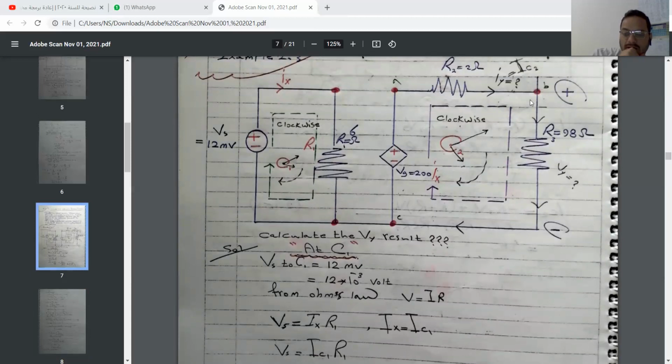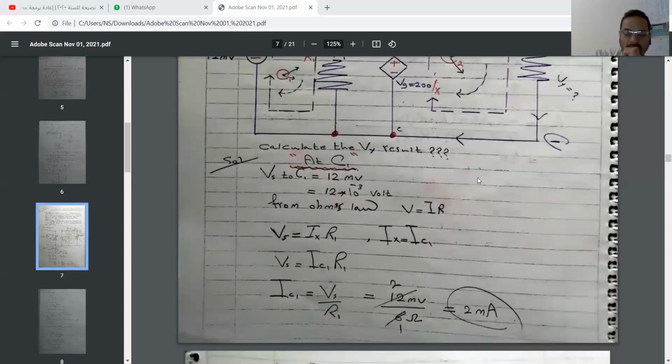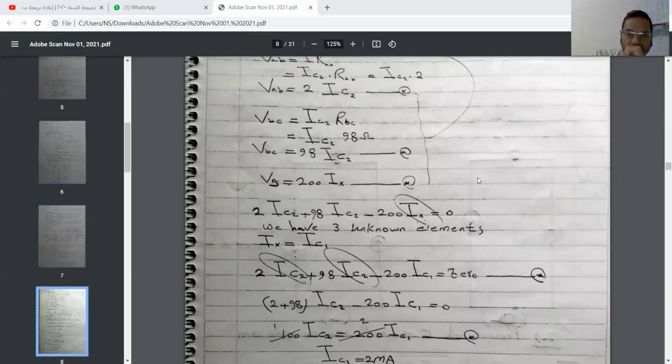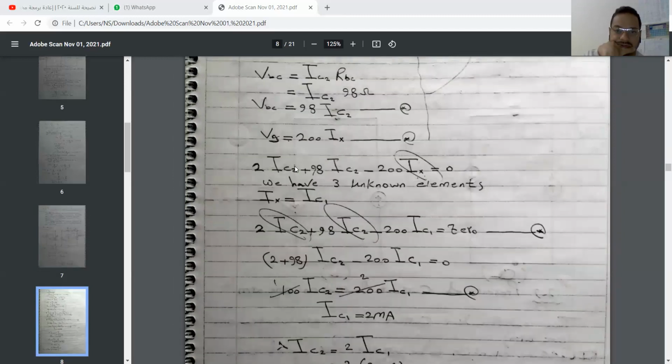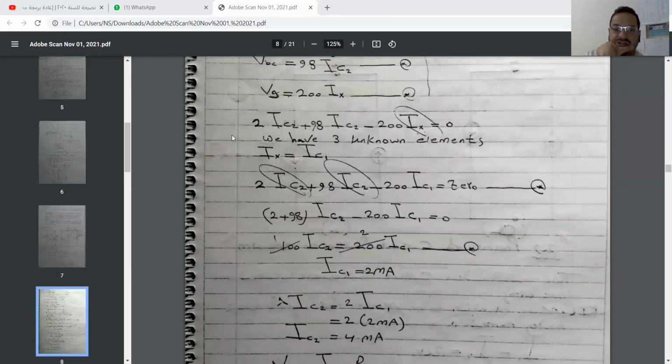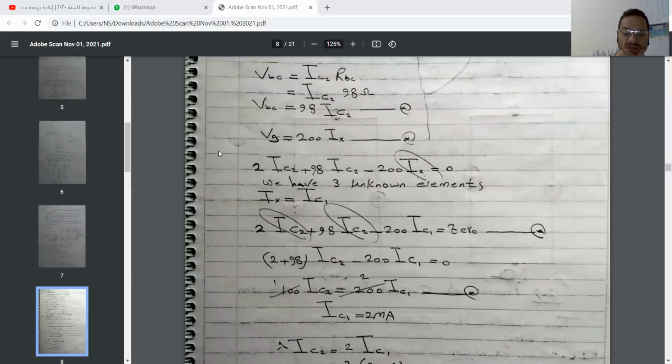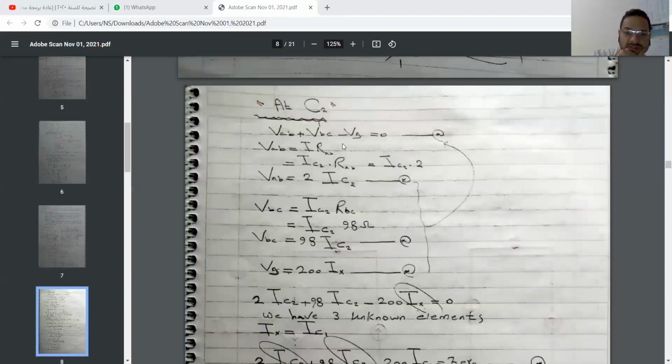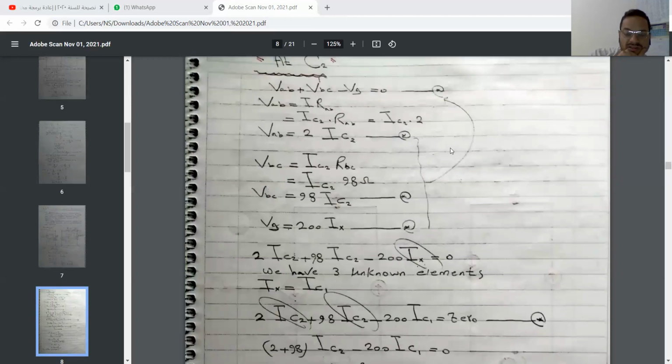VBC equal IBC dot R3, or IC2 R3. That's mean 98 IC2. VG, the author is given it to us, equal to 100 IX. Now let's put all of these results here to simplify this equation more.